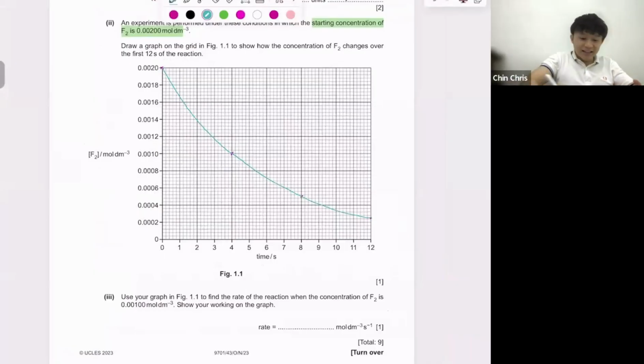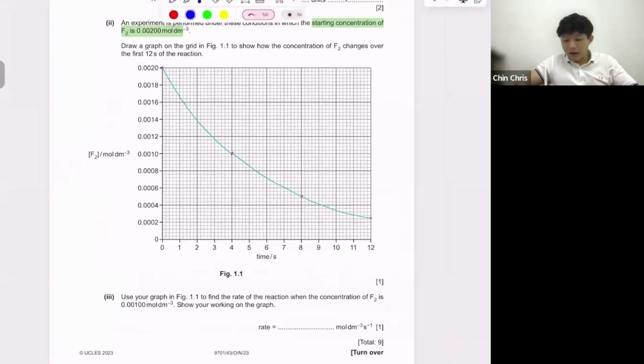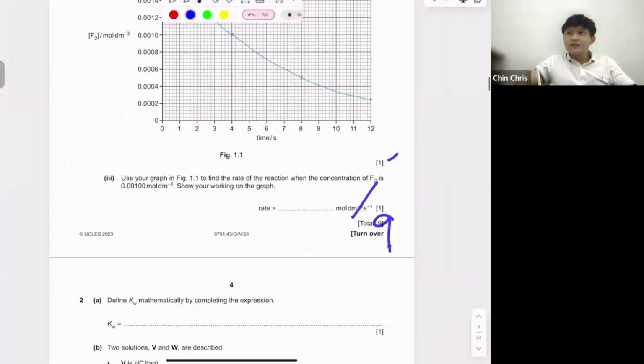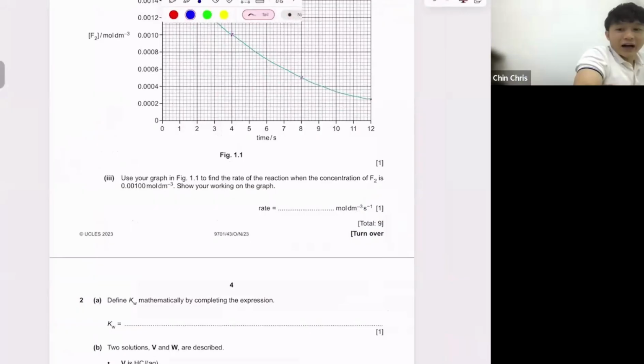Guys, this is a concentration versus time graph. How to get the rate of reaction? Tangent gradient. Thank you so much. Let's go. Tangent gradient, get the answer, and 1 mark. See guys, 9 marks you can score, right? Not too bad, right? So in this chapter, you must score every single thing. It's not hard at all. This chapter is the easiest.